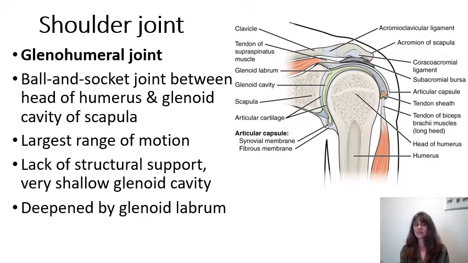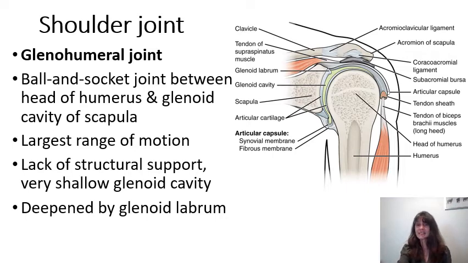It has very poor structural support though, and the glenoid cavity is a shallow cavity for the socket, so it's easy to dislocate the glenohumeral joint because there's not much structural support holding the joint together, and because it's got a very shallow socket.